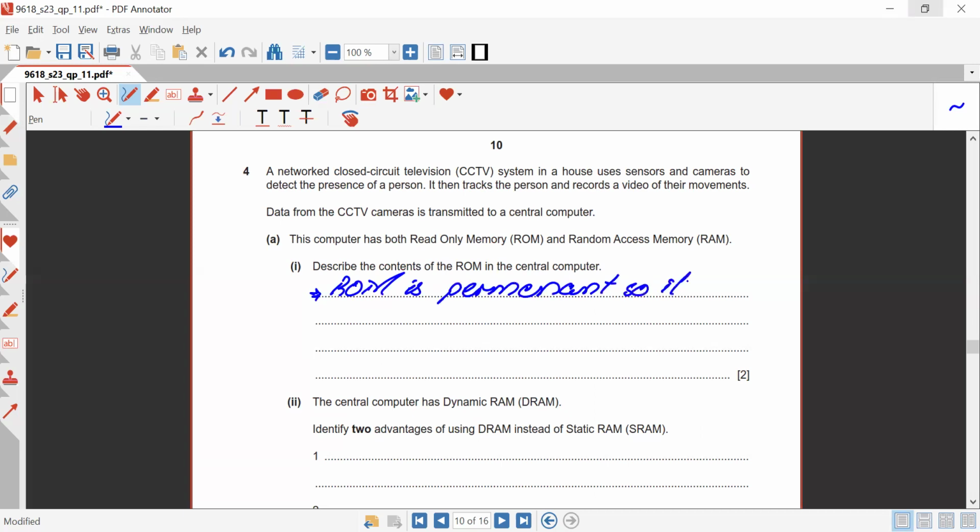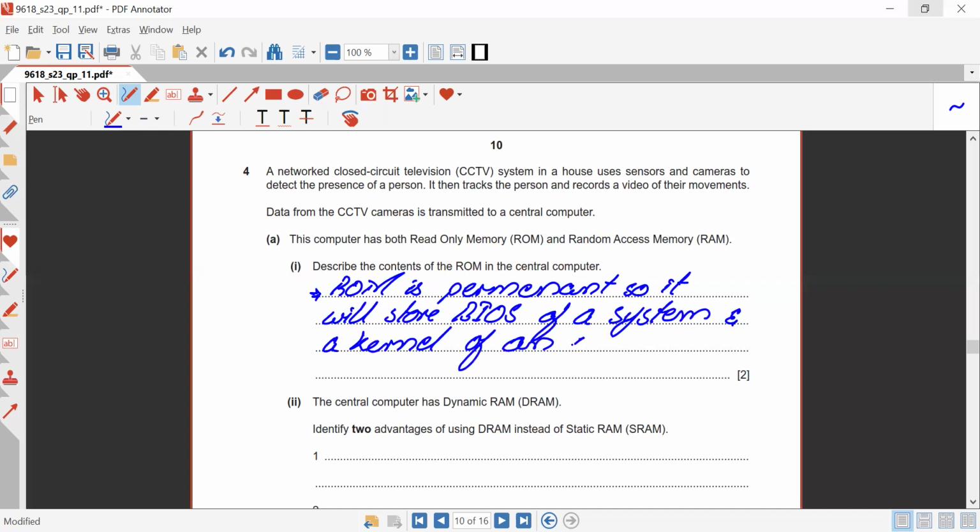So it will store BIOS of a system and a kernel of an OS or operating system. You may write it down.